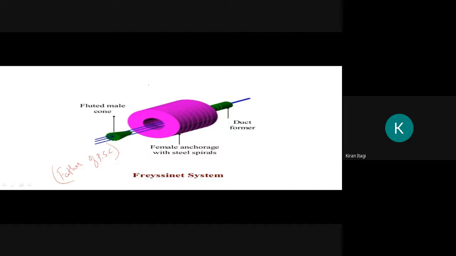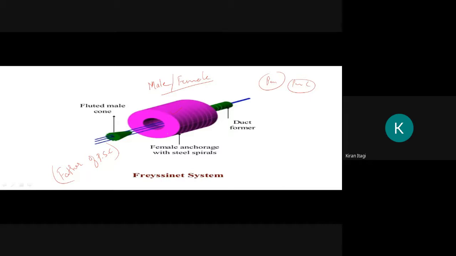Here you can see it is a combination of male and female. Whatever you take in the universe, it is a combination of male and female. For example, your pen consists of pen and cap. So you know what is male and what is female. So here also we have male and female.